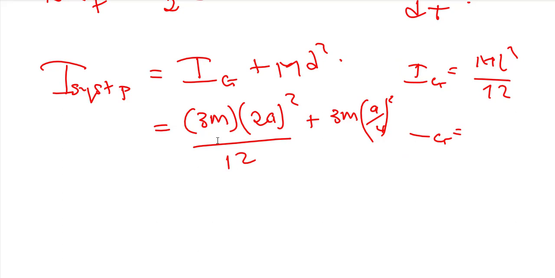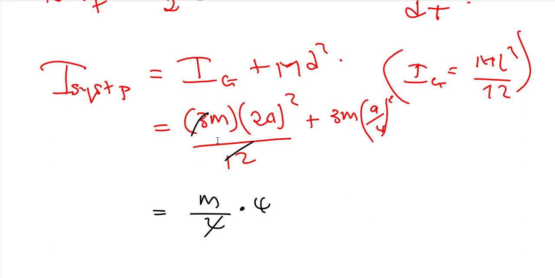So this can go. If you simplify, here we have m on 4, since this we cancel, times 4a squared plus 3ma squared all over 16.